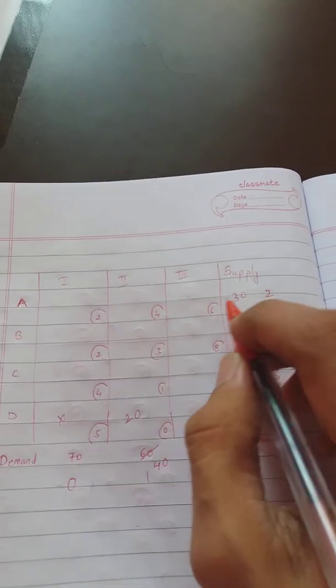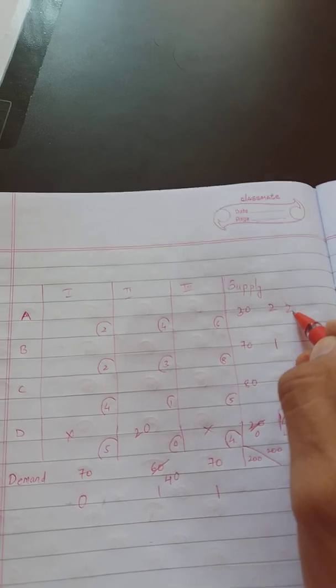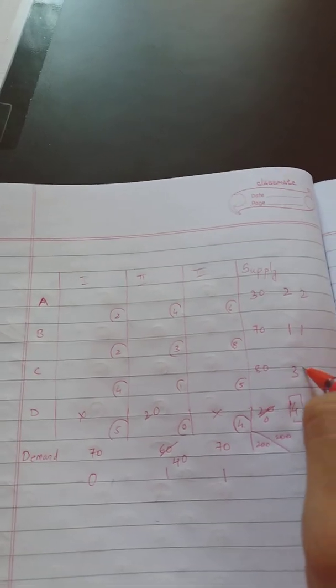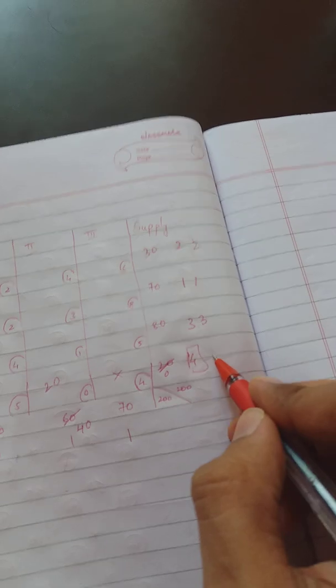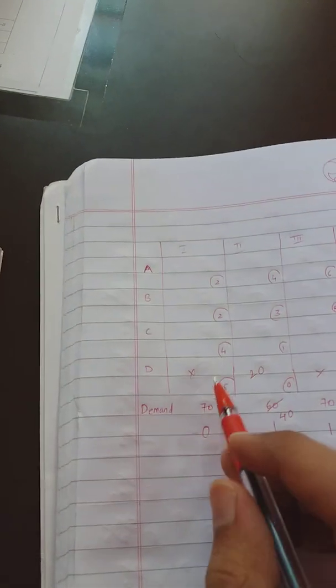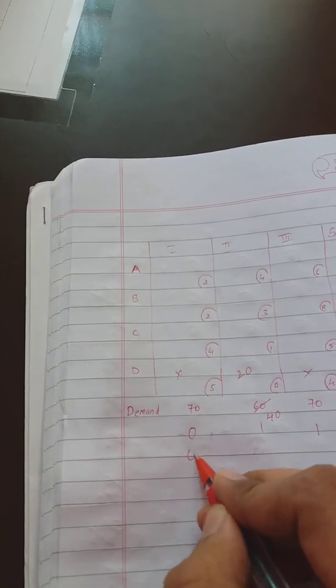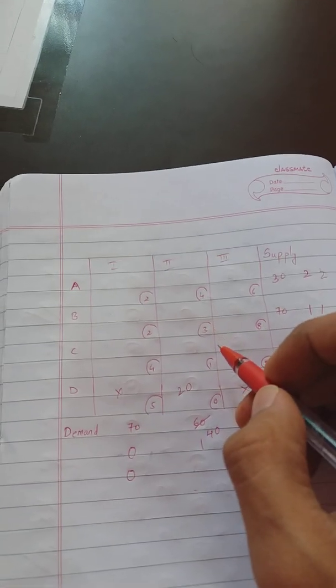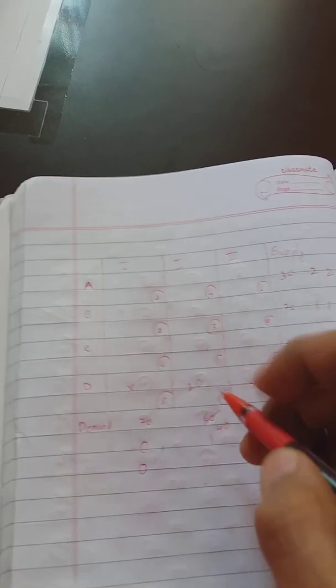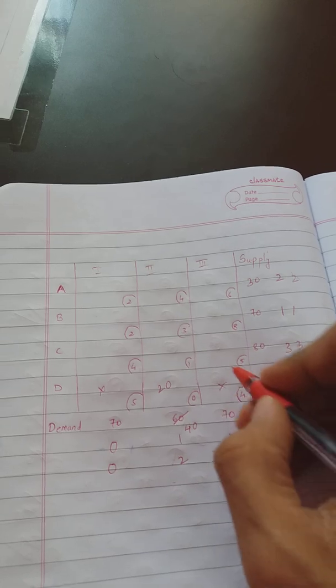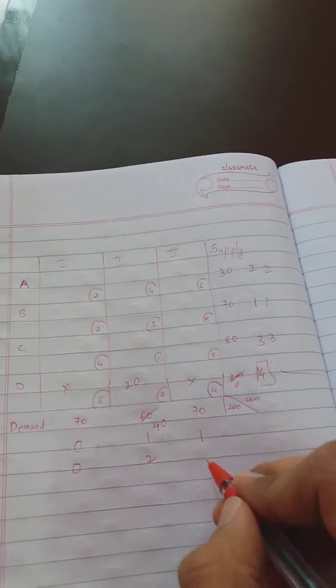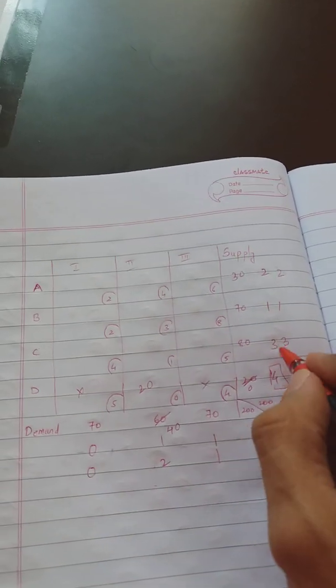Again, now you have not made any changes here, so this penalty will be 2 itself, 1 and 3, and this row is gone. Here you have 2 minus 2, here you have 1 minus 3 now, which is 2, and here you have 5 minus 6, which is 1. Again the highest penalty is here.